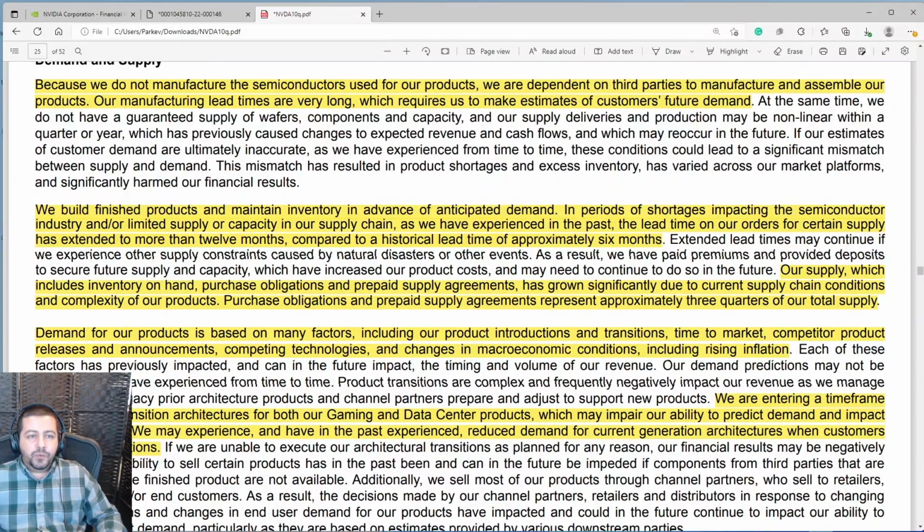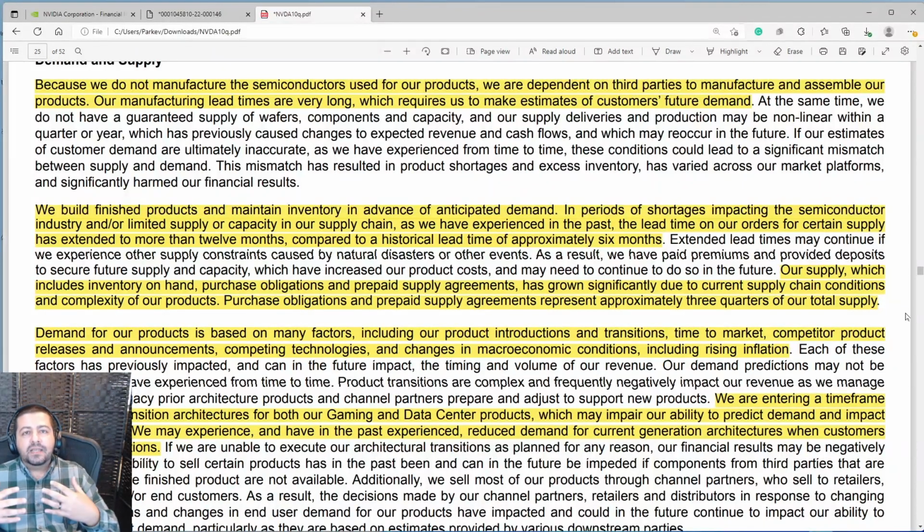Our supply, which includes inventory on hand, purchase obligations, and prepaid agreements, has grown significantly due to current supply chain conditions and complexity of our products. Purchase obligations and prepaid supply agreements represent approximately 3/4 of our total supply.